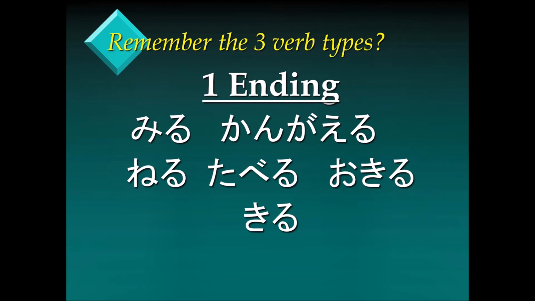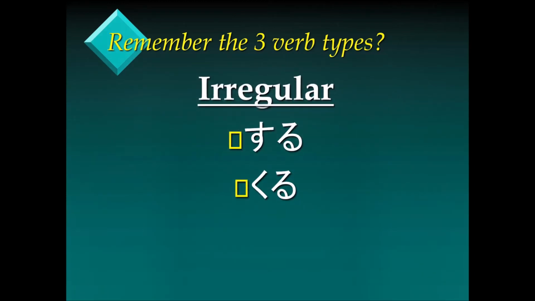They all end in an iru sound or an eru sound. And to do those, the base 3 is miru, but the base 1 and 2 are both mi for miru. Or kangae, kangae, ne. You just drop the ru. And finally, there's irregular verbs, suru and kuru.